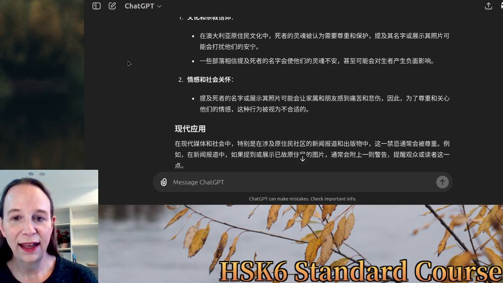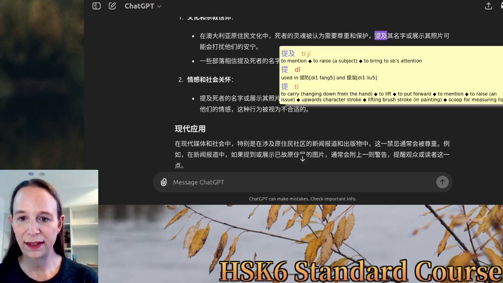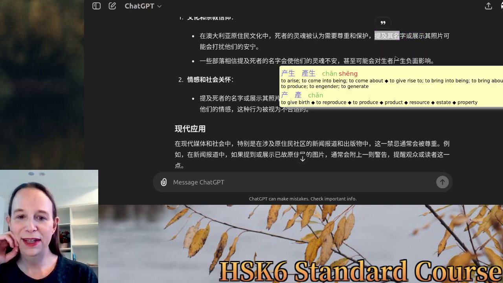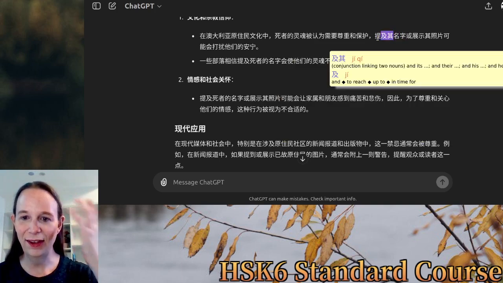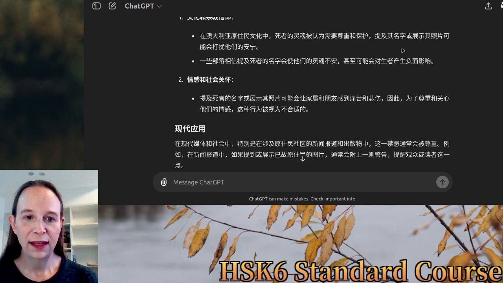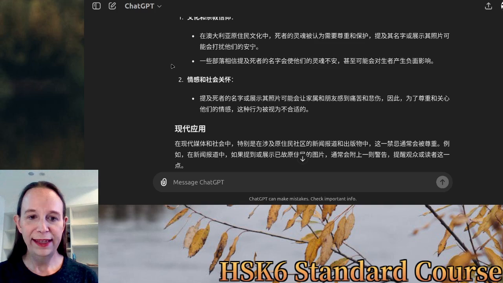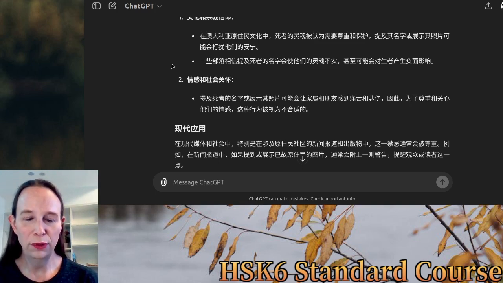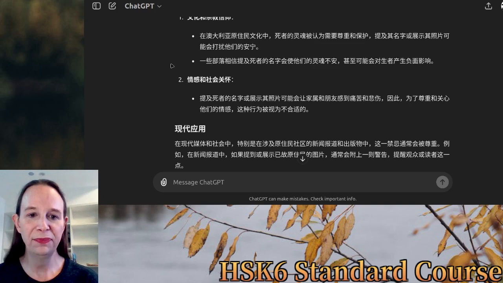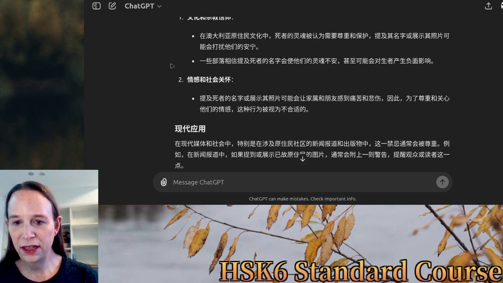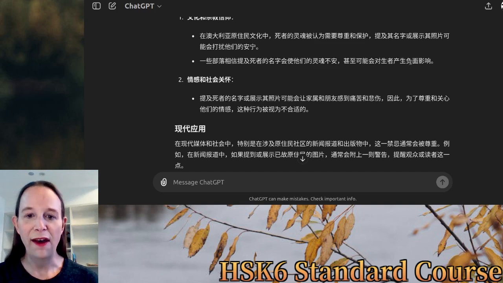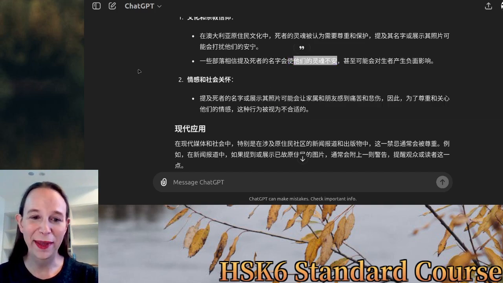提及提名, is this like a fixed phrase maybe? 提及 is mentioning, 其 is this kind of universal pronoun that works for everything. 其名字, so to mention their names 或展示其照片可能会打扰他们的安宁。Okay, so you disturb them in the afterlife. 一些部落相信, 部落 would be a tribe, right? 相信提及死者的名字会使他们在灵魂不安，甚至可能会对生者产生负面影响。Oh, okay, so it's not just disturbing the dead.